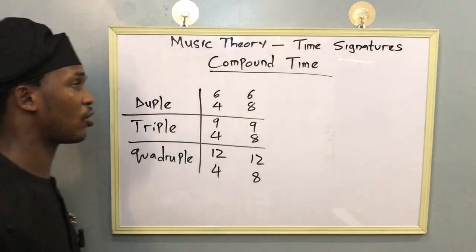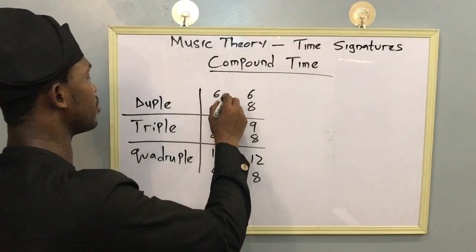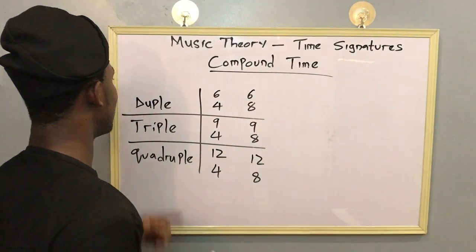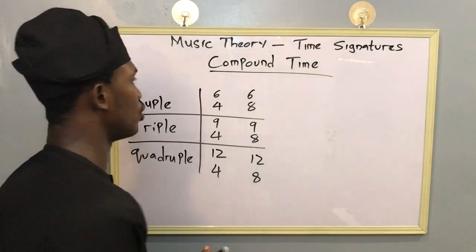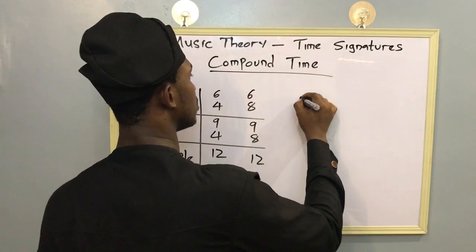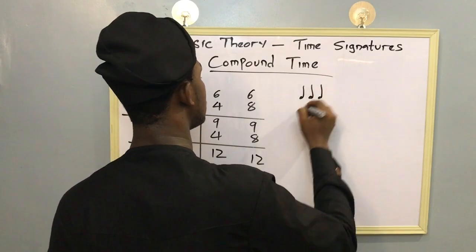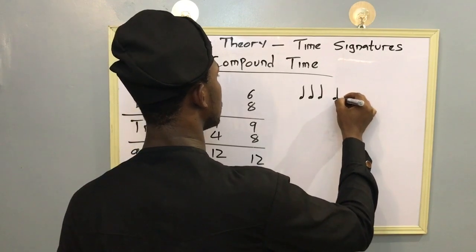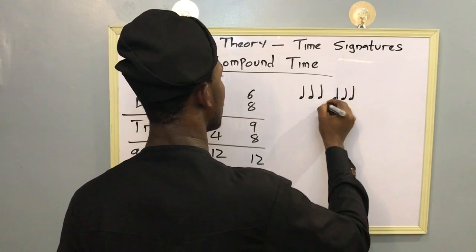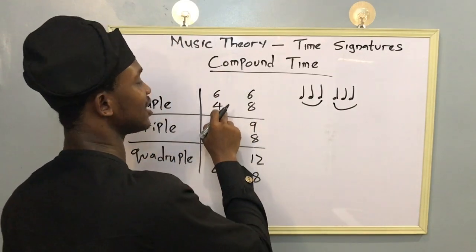These are the compound times that we have, and for you to be able to appreciate this, for duple time, you know, duple means 2. So we have this as a group, this as a group. So you have this group, you have this group. That is what gives us 6 4.